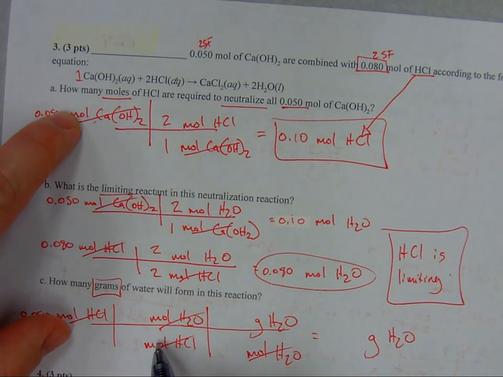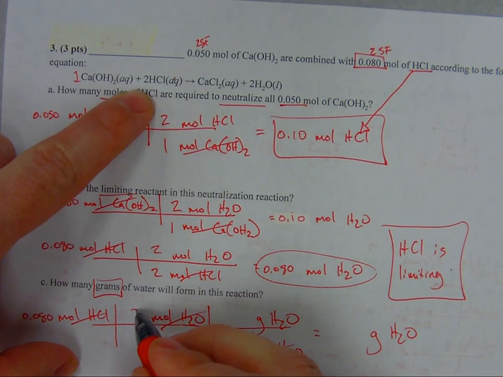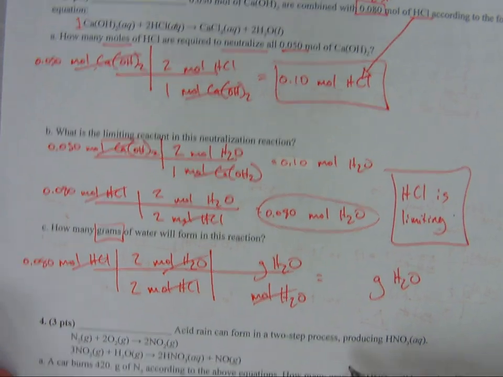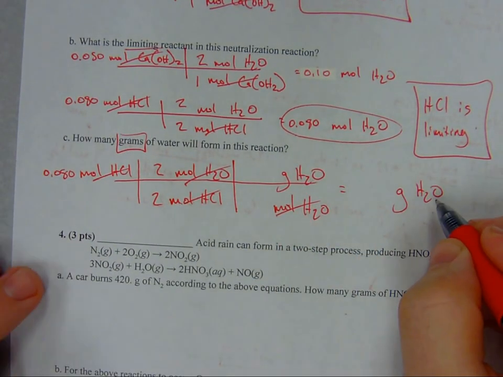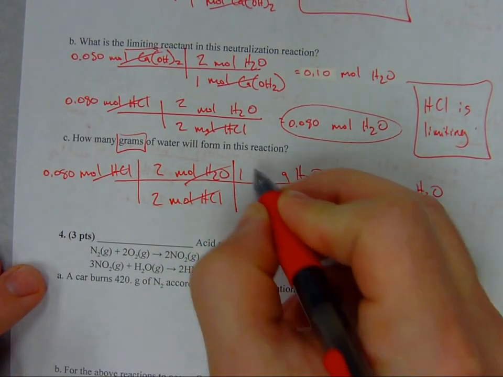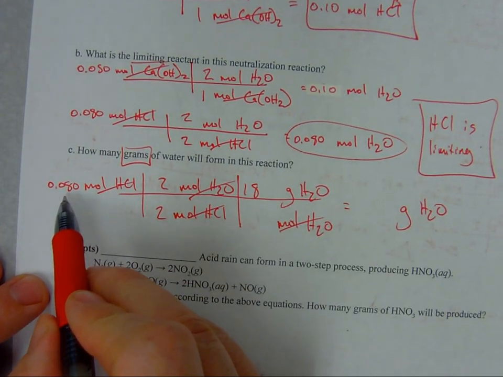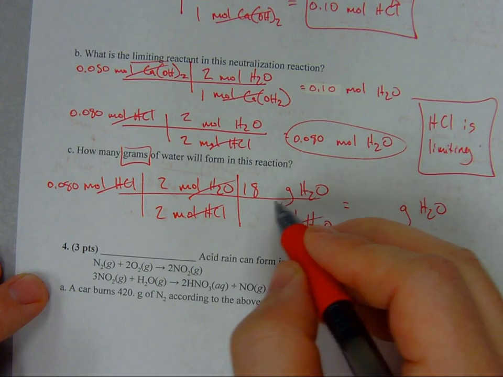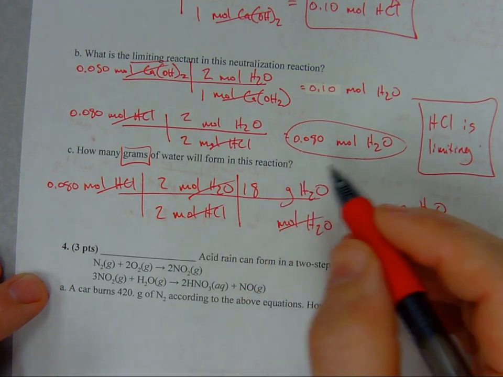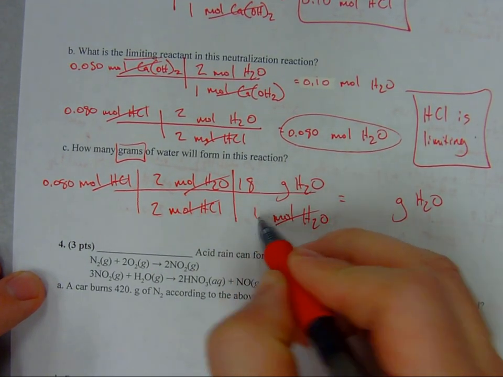My ratio of HCl to H2O is 2 to 2. And water ends up being, I'm just going to stick to two significant figures here. If you were to add this all up, it ended up being 18.02. We'll go 18 grams per 1 mole.